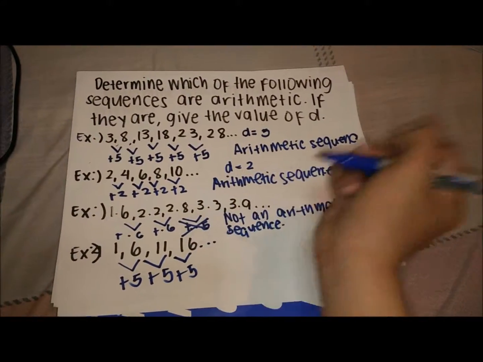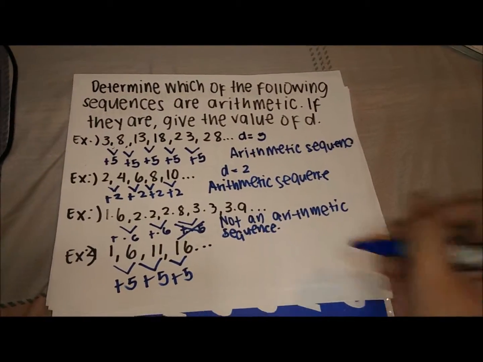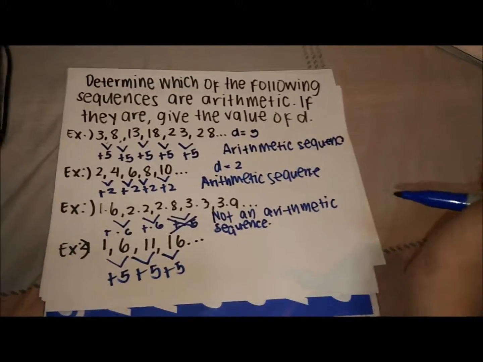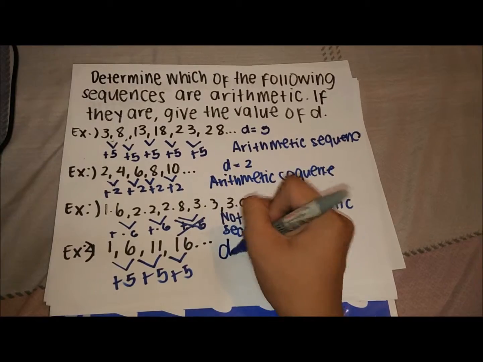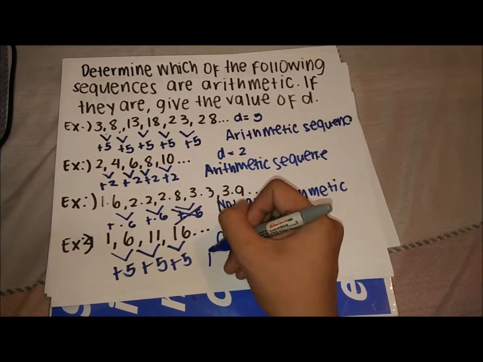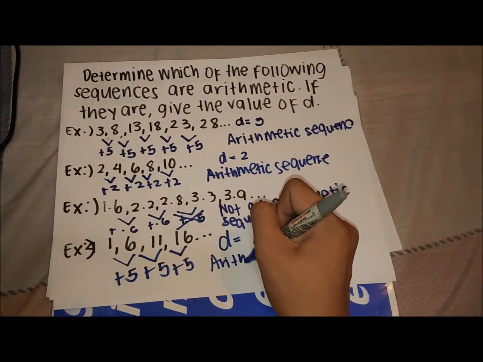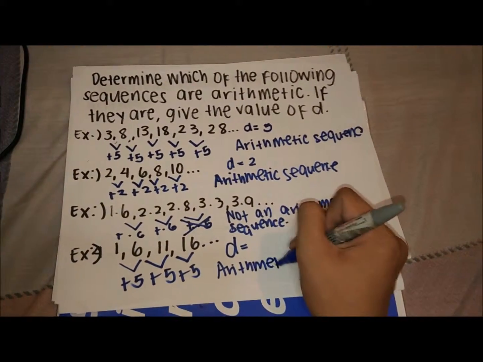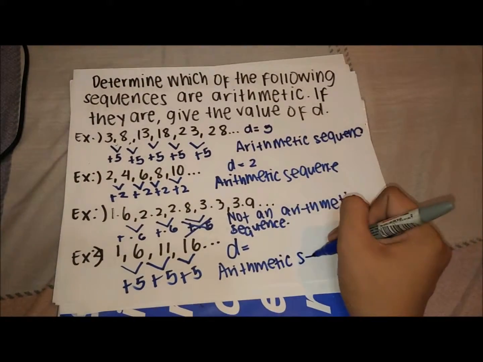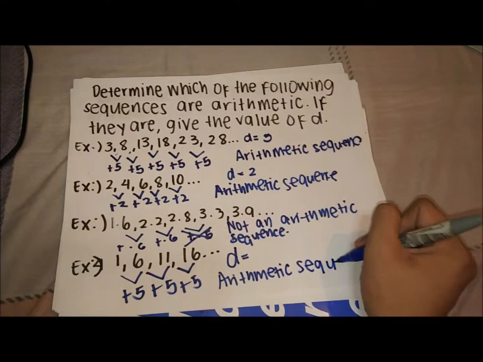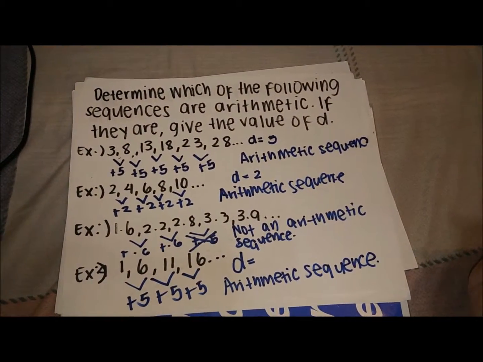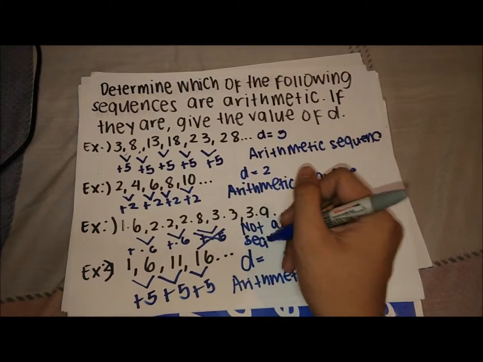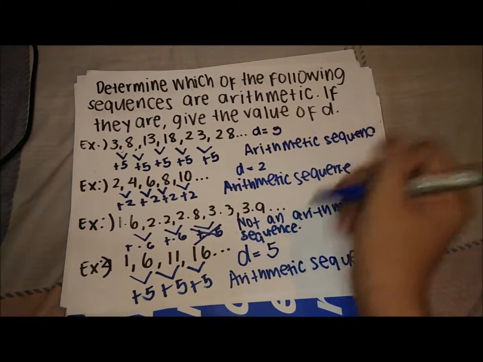Assuming that this pattern goes on, we can say that this is an arithmetic sequence with a common difference of 5.